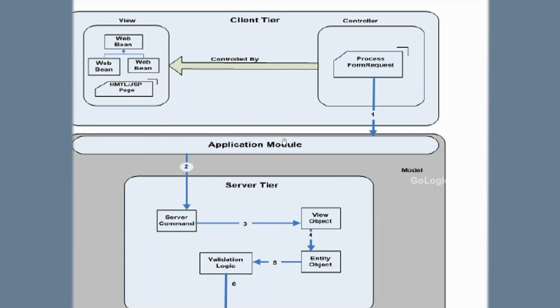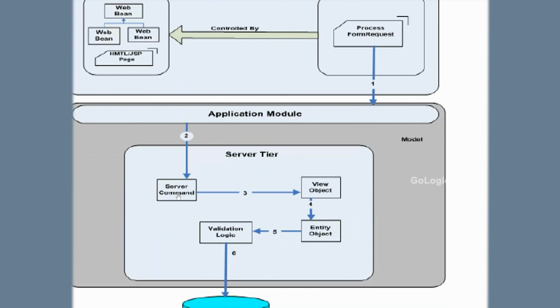The application module is responsible for creating the database context, application context, anything. The context and the session management will be done by the application module. It creates a context properly for your page. That is the reason the controller has to contact the application module, and only through the application module can you call the view objects. You can see the flow: controller to application module.